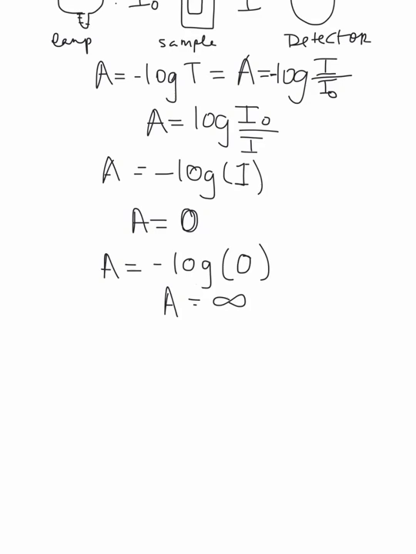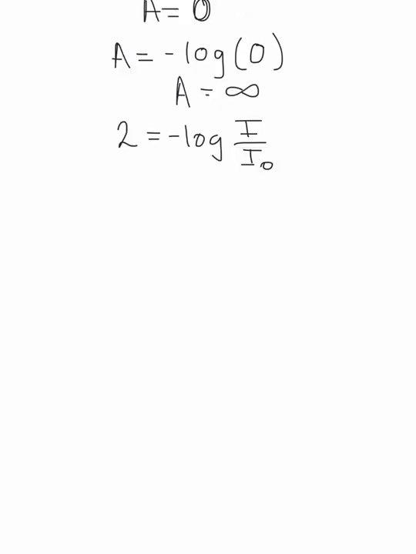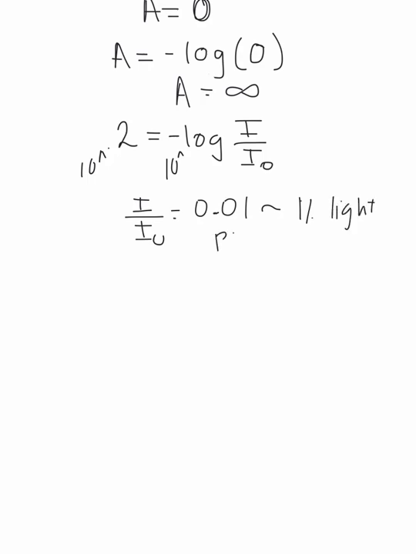So generally speaking, we don't want to see an absorbance value that's greater than 2. And that's because if we go ahead and do the algebra, we cancel out the negative log on both sides, and we get that the ratio of I to I naught is 0.01, or only 1% of the light passes through and reaches the detector.